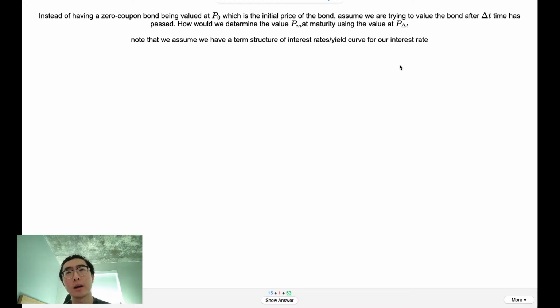Then we divide by m, the number of compounding periods left over, and we compound that by m minus delta t. Or I guess it'll be easier with continuously compounded rates. We could just multiply P delta t times e raised to the interest rate times m minus delta t.